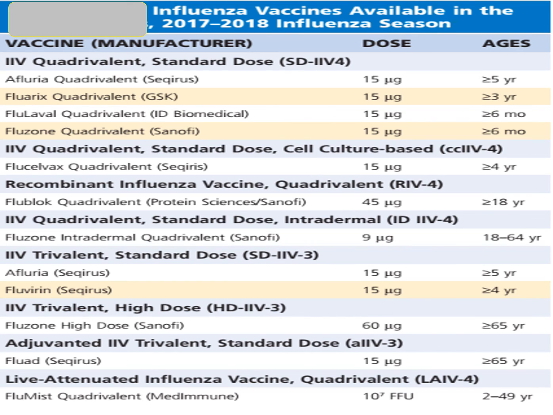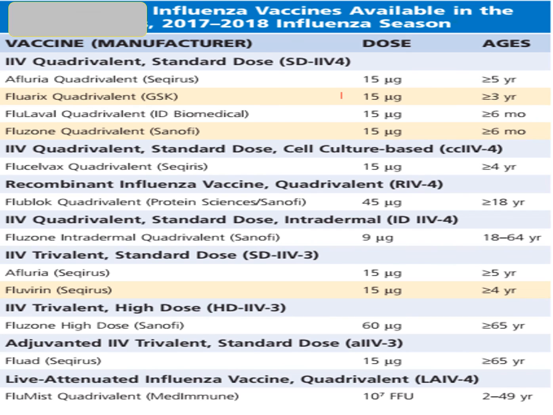This is a table of influenza vaccines available in the 2017 season. I put this only to show how many variant vaccines are present, and their dose is different, and the ages to which they can be given is different.